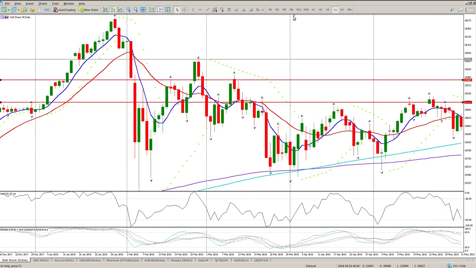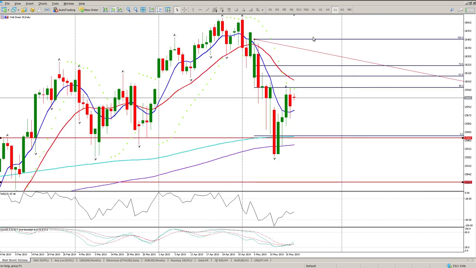If we now drill down to daily, you'll notice a few things. Firstly, we got a daily close below this range. We then got up to the 50% of the range, which is pretty much the gap close. And now we've got an inside bar, and we're busy forming another inside bar.